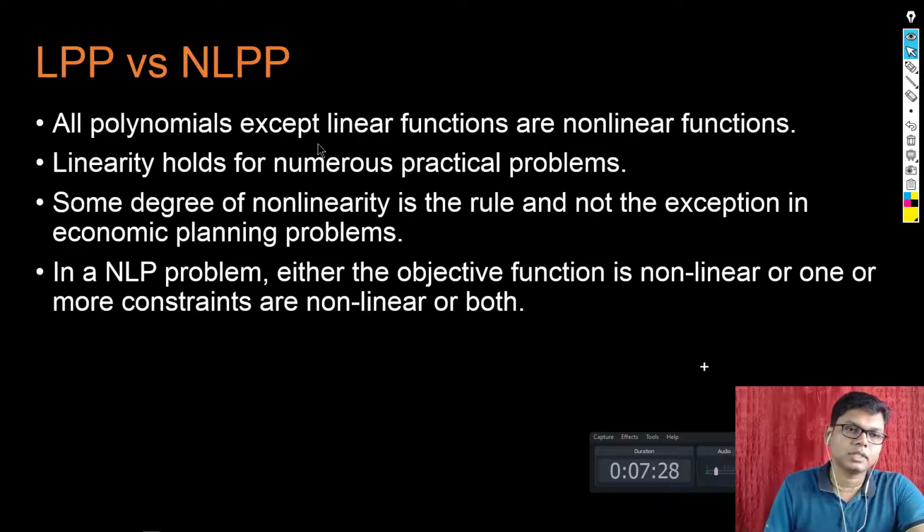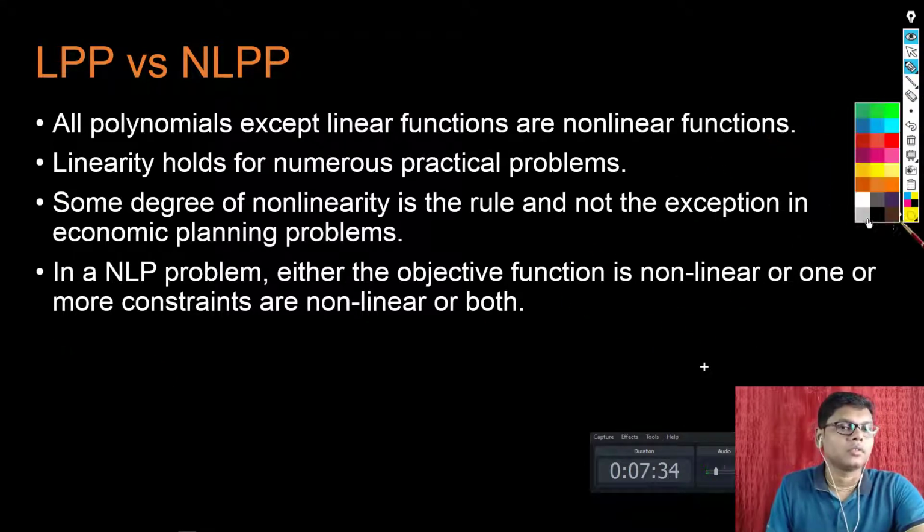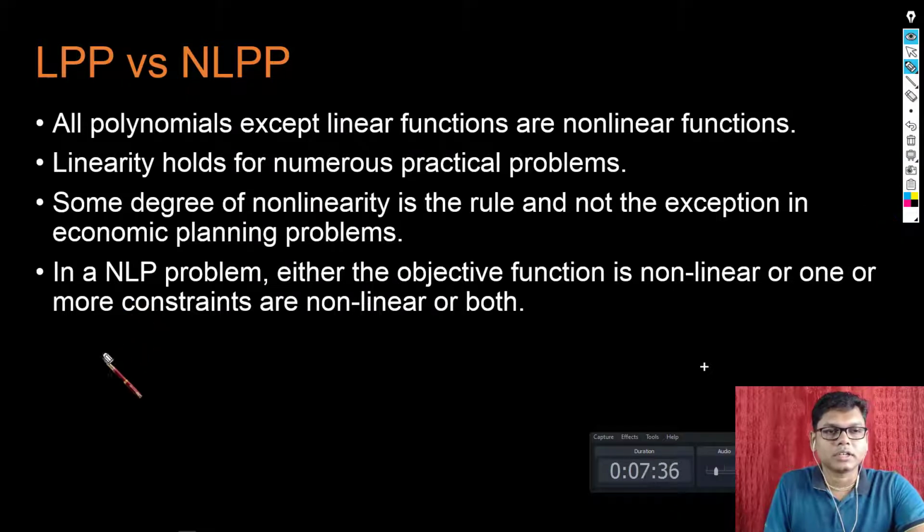So let us see one example, which kind of functions are known as a nonlinear programming problem. So here is an example.